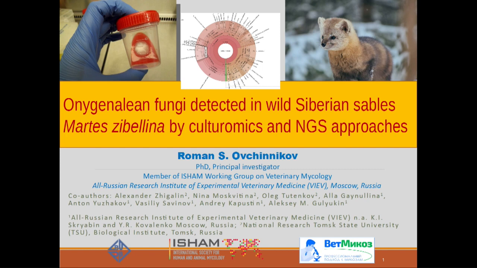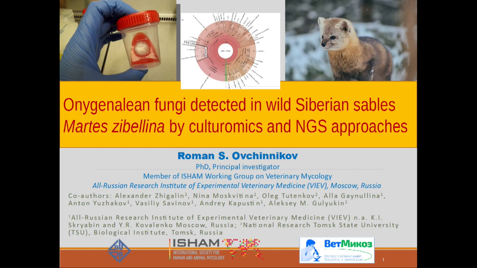And I'll briefly touch on fungal pathogens in wild Siberian sables detected by CULTUROMIC and next-gen metagenomic sequencing. Did you know that in wild nature, sables live only in two countries of the world? It's Russia and Japan. But it's well known that sables are valuable fur-bearing animals, and they are the object of the fur trade.